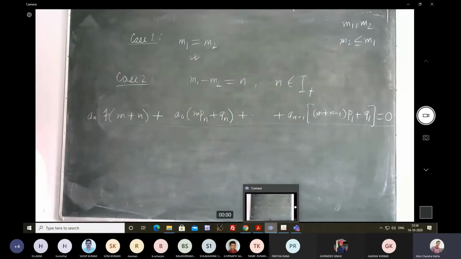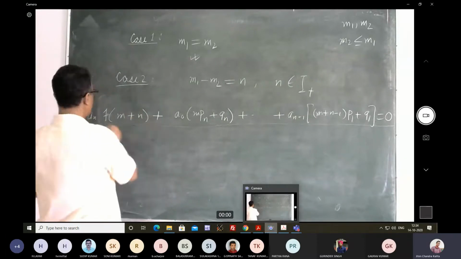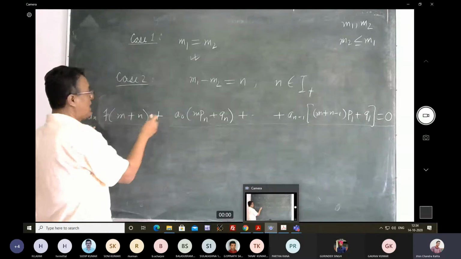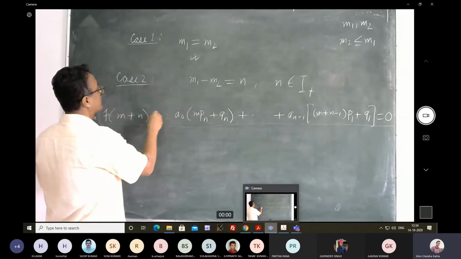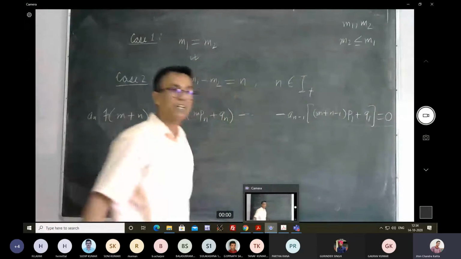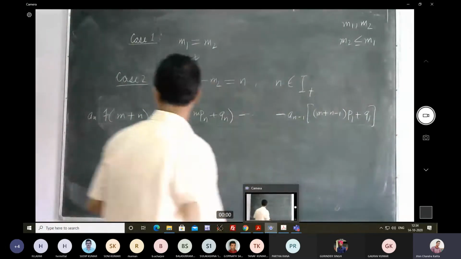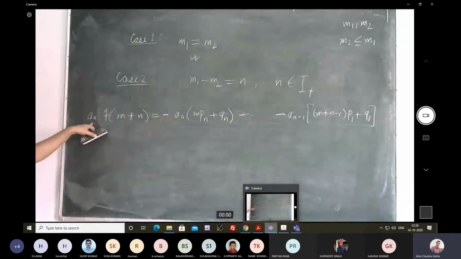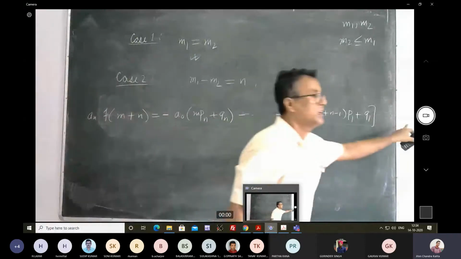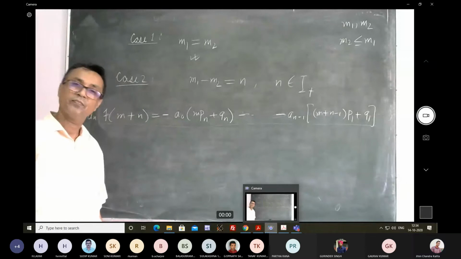Okay, fine. So now, what is happening here? This recurrence formula, I can write it something like this, isn't it? Which is going to give me the value of an in terms of the previous coefficients. Is it okay? Fine.